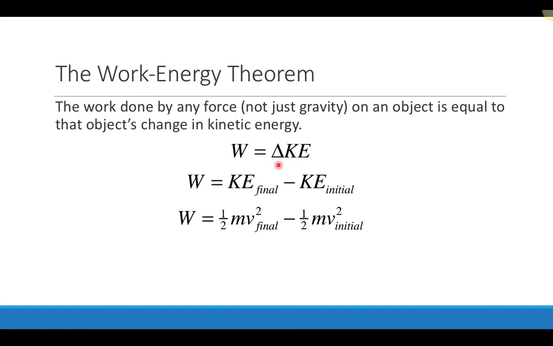Well, change in anything is the final value minus the initial value, so the final kinetic energy minus the initial kinetic energy. And so what we're saying is that the work is equal to the final kinetic energy, 1/2 mv final squared, minus the initial kinetic energy, which is 1/2 mv initial squared.